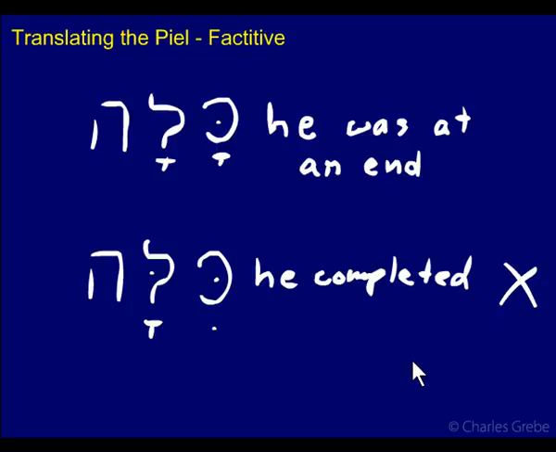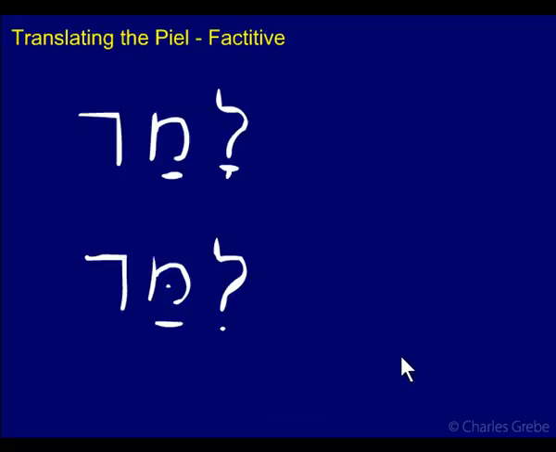Okay, one more I want to talk about, and that is lamad and lemad. So this is the Qal. Lamad in the Qal means he learned. He learned what? He learned math, okay? It could be transitive or intransitive, it could be both.